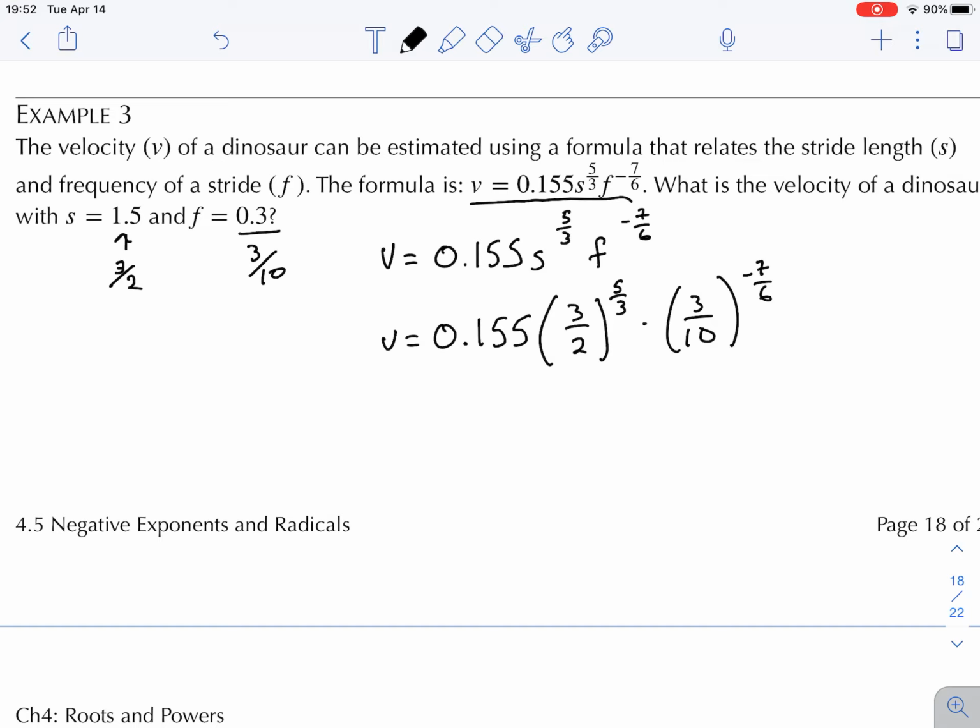This is something where you need a calculator. So I'm going to record this quickly so I can use a calculator, and you should be able to do this on your calculator as well.